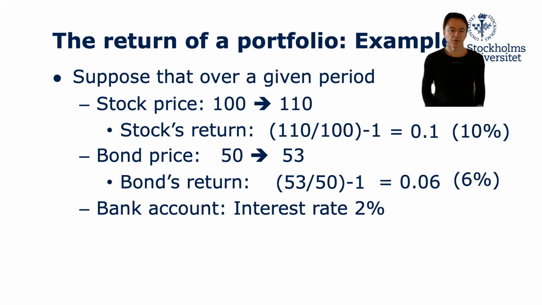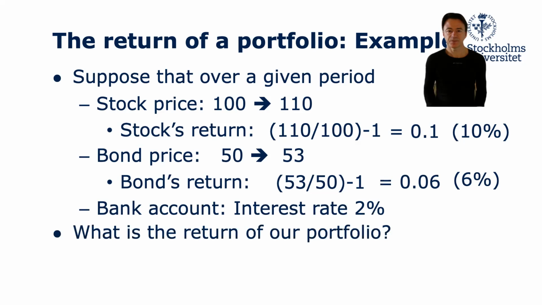With this information, the return of our portfolio is computed as the weighted sum of the returns of the stock, bond, and risk-free asset, where the weights to be used are the portfolio weights. This may sound like gibberish, but it is in fact a very simple calculation. Suppose that we have allocated our wealth as in the previous case. So to compute the return of the portfolio, we take the weight of the stock and we multiply it by the associated return.